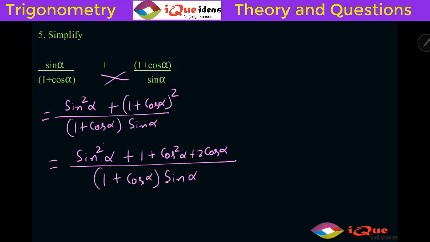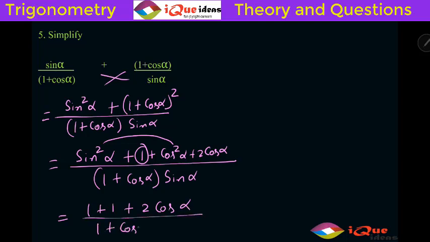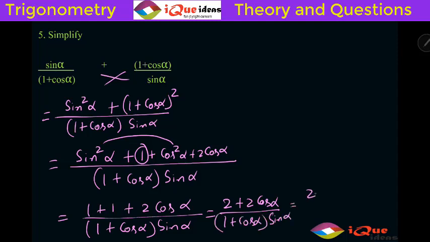Now you see sin square alpha plus cos square alpha will be equal to 1. And there is already a 1. So it is 1 plus 1 plus 2 cos alpha divided by (1 plus cos alpha) into sin alpha. So 1 plus 1 is 2. 2 plus 2 cos alpha divided by (1 plus cos alpha) into sin alpha. So in numerator if you take 2 common you will get 1 plus cos alpha, and in denominator we already have 1 plus cos alpha into sin alpha.